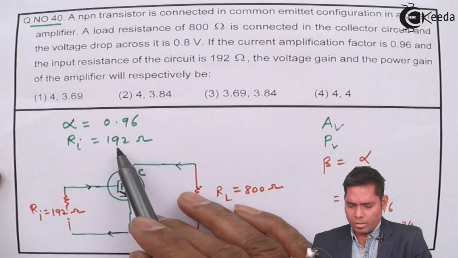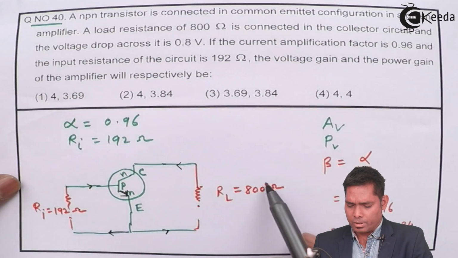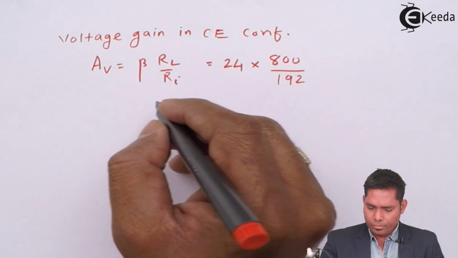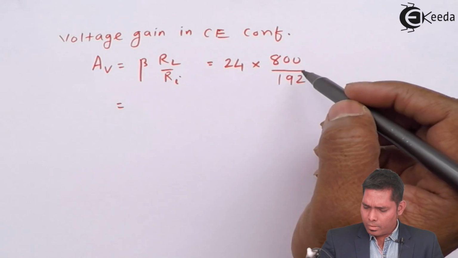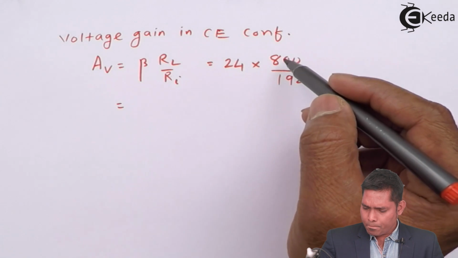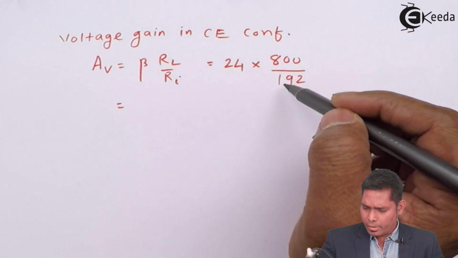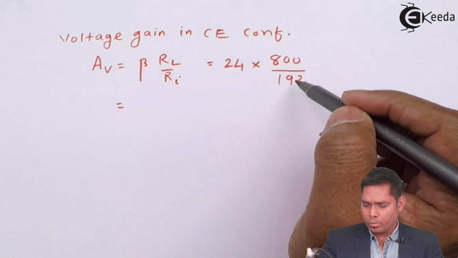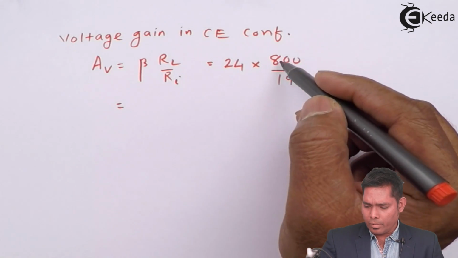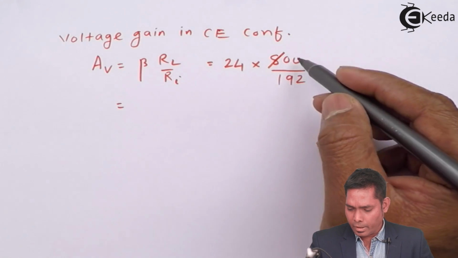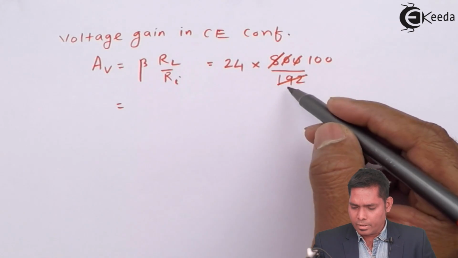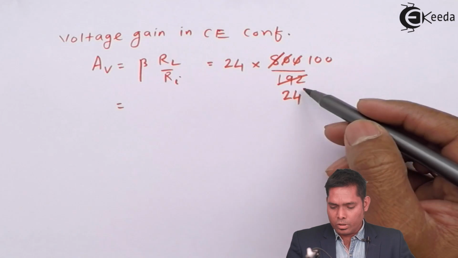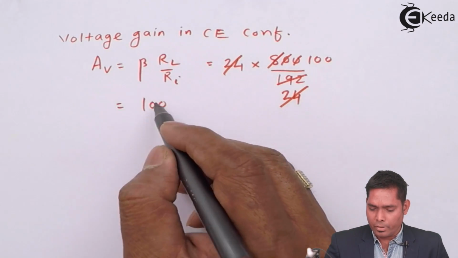Now if we solve this, how much will we get? Cutting by 8, and then 8 into 16, 3 into 4, this and this will cancel, and we are left with 100.